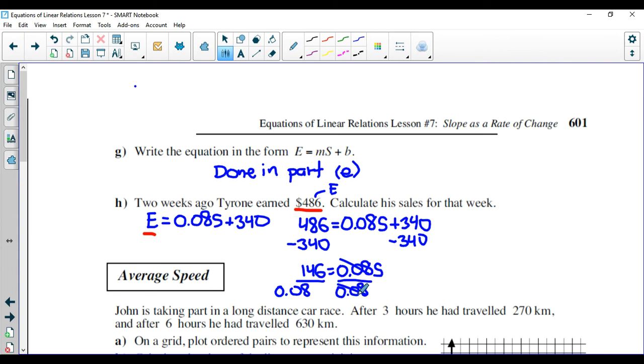These 0.08s cancel off, and then we get our sales for that week, in dollars. So 146 divided by 0.08 would be 1,825.